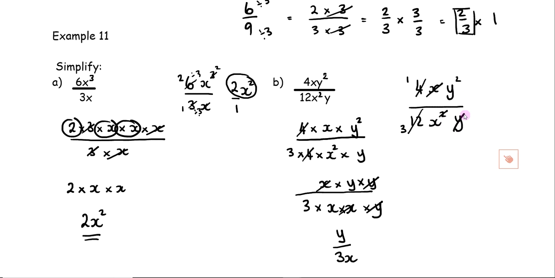This y cancels with one of those, so I don't need to write that. So I'm left with 1 y, all divided by 3x. And because it's only 1 y, I've just written y before. But I get to the same point. So whichever method helps you understand best.